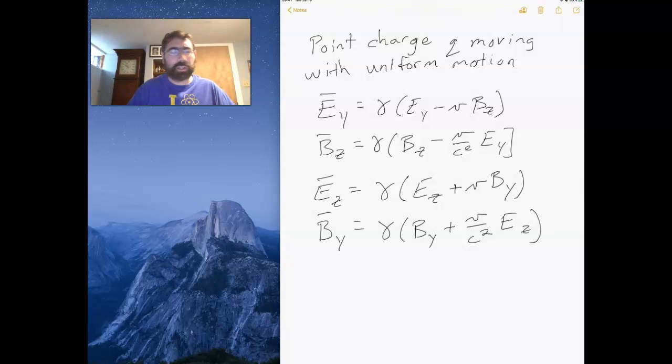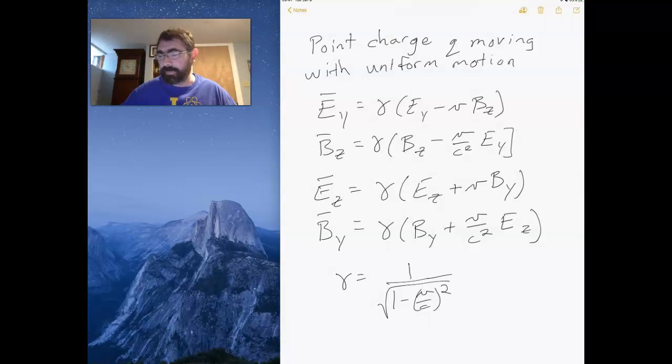Remember that gamma is 1 over the square root of 1 minus v over c quantity squared, and the velocity v is the velocity of the S bar frame with respect to S.